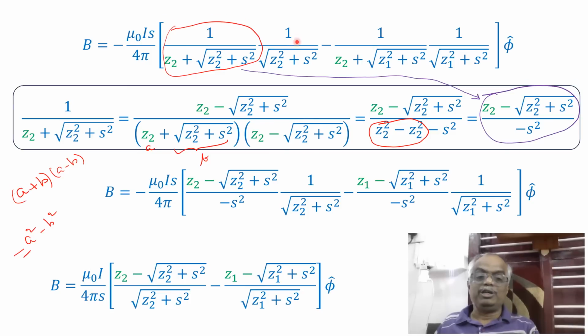And of course, you have this 1 over square root of z2 squared plus s squared. Apply the same thing for this term. I'll use a still different color. This term, that is this.